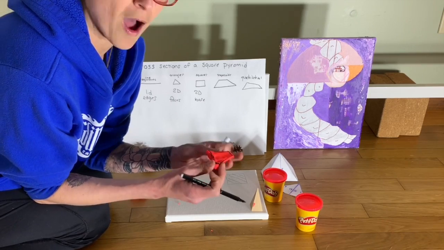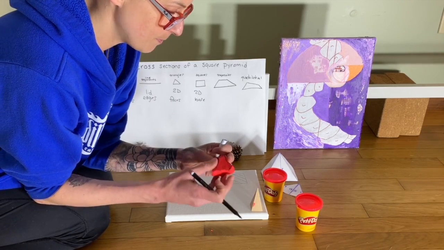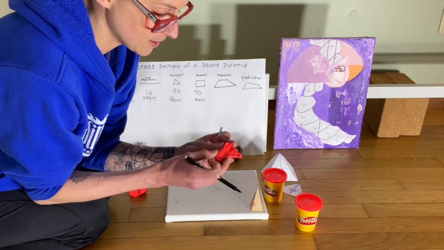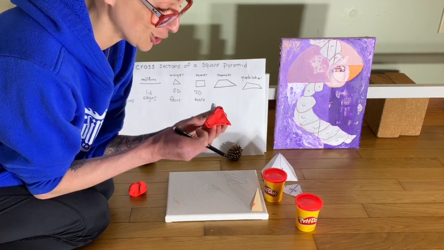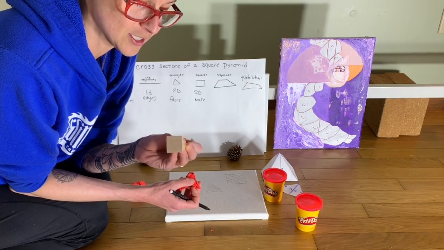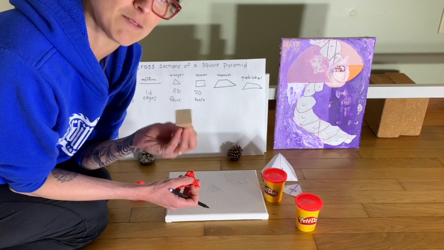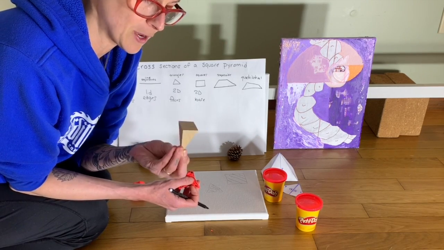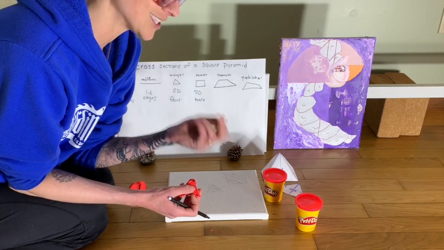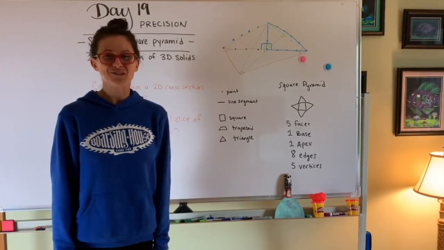It's a little wobbly because I'm using Play-Doh, but a pentagon formed from a cube works. See if you can intersect all 5 faces, including the base of the square pyramid, to form a pentagonal cross section.